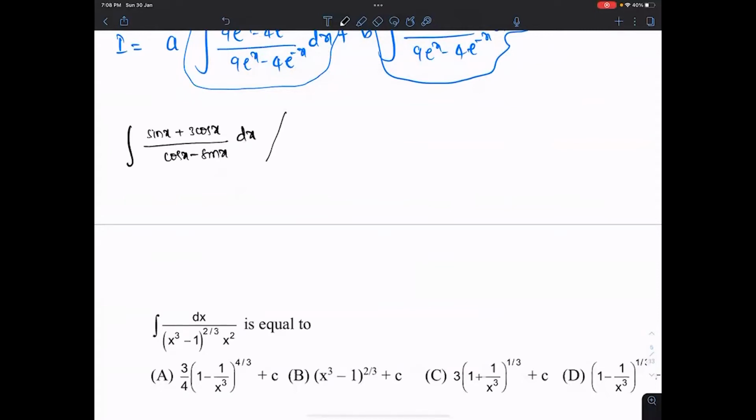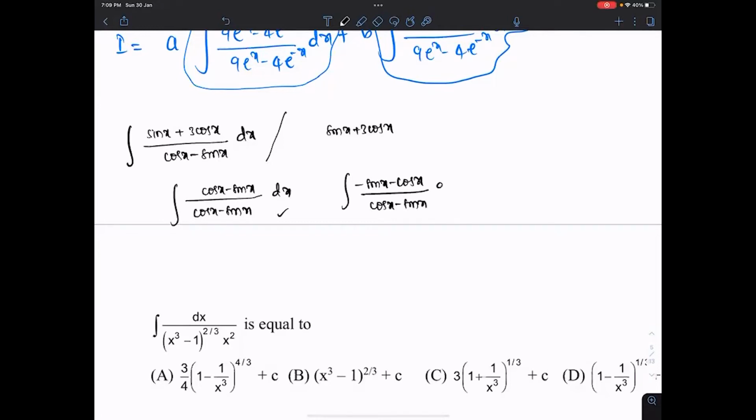In the denominator we have cos x minus sin x. Now in the numerator, if there was cos x minus sin x, very good, we can solve this integration, correct? If in the numerator we had minus sin x minus cos x, then also we could have solved this integration, because this numerator is the derivative of the denominator.